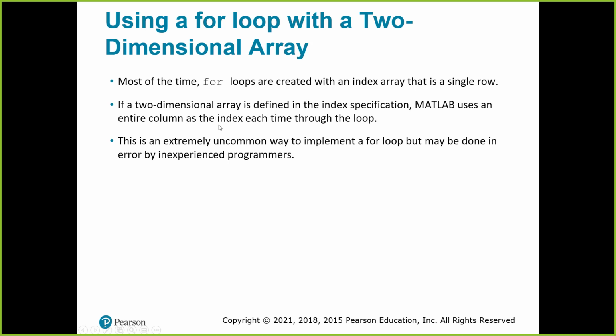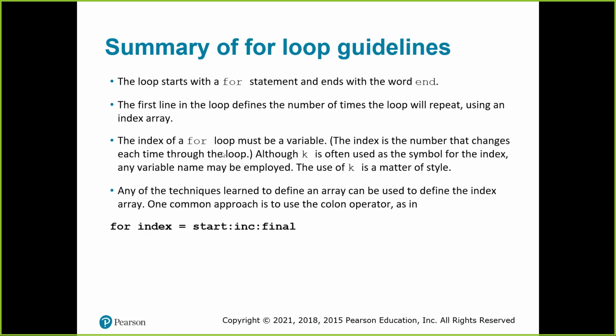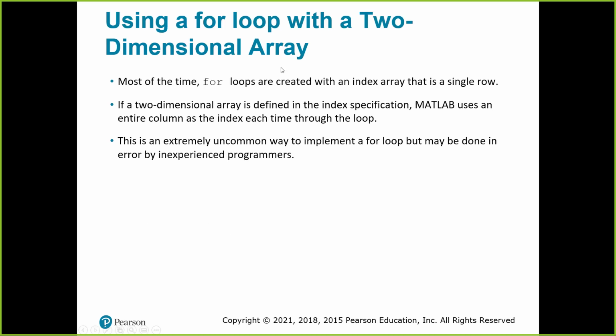But if you send in an array that has multiple rows and columns, what it's going to do, and I don't know why you would ever do this, is it will process every row in the first column before going on. It doesn't show this in the textbook, but if you had a 3 by 3, it would do all 3 rows in the code before it indexes to the next value.